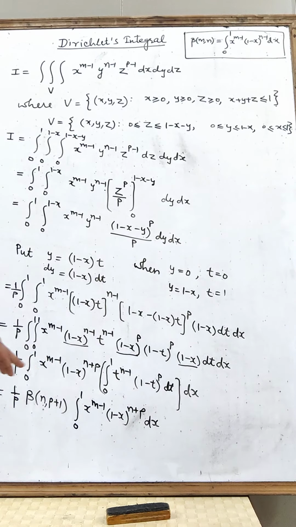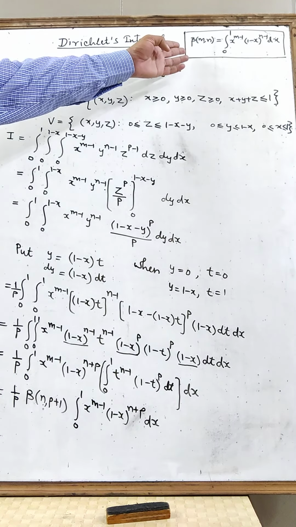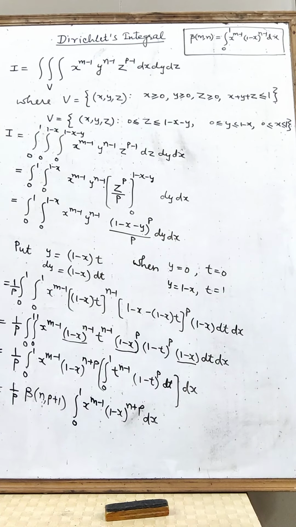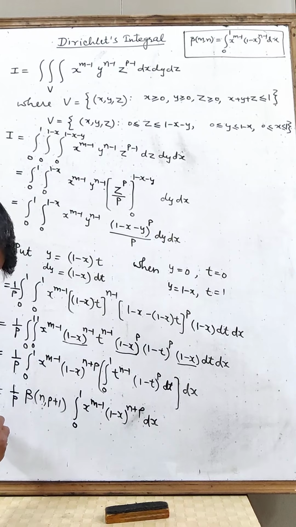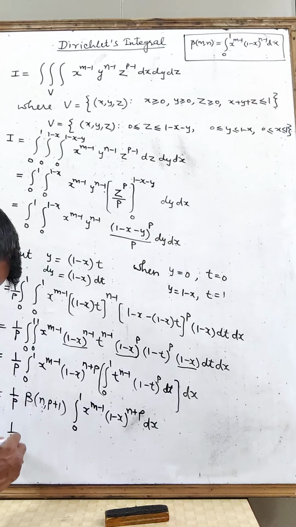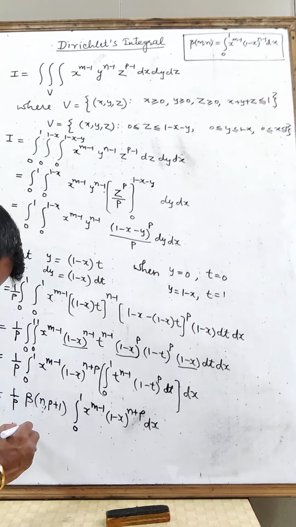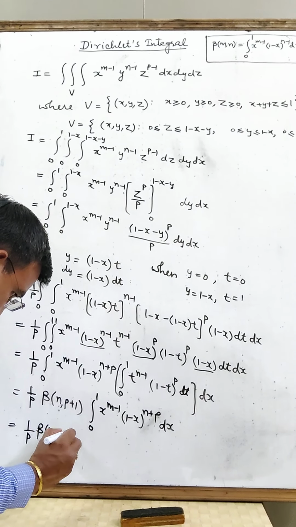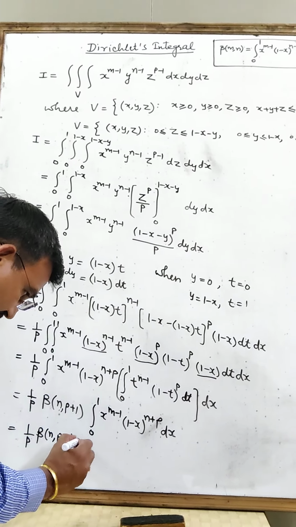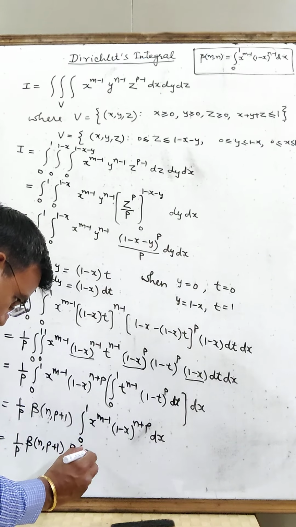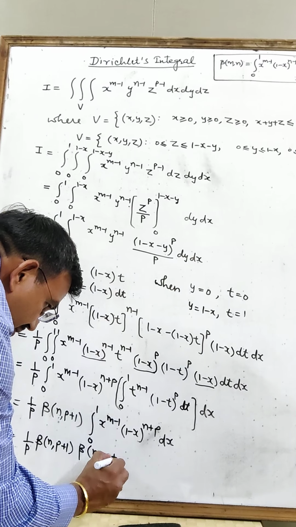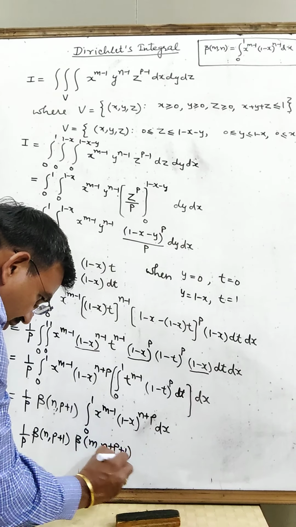And again you are watching the same thing, same type of integral. Again we can write it in form of beta function, and it would be equal to 1 by p beta of n, p plus 1, and it will be equal to beta of m and n plus p plus 1.